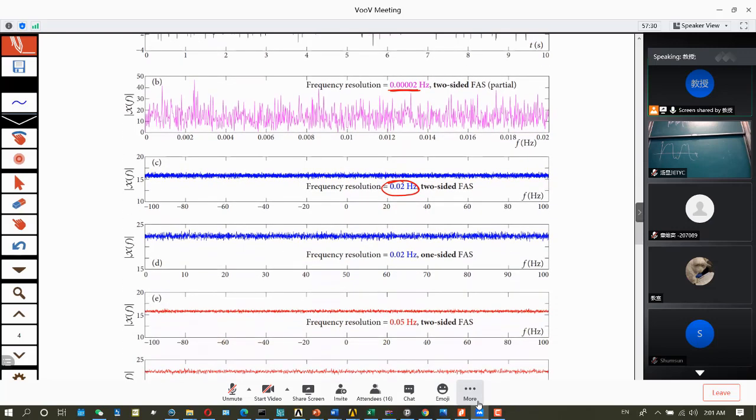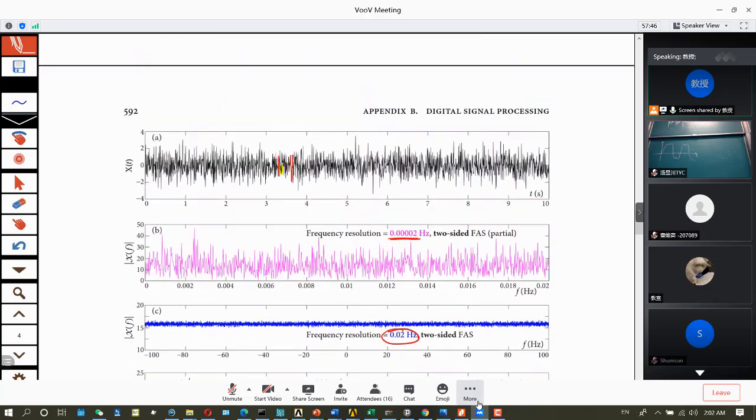Now, if you decrease it further, then the Fourier amplitude spectrum is almost a straight line, okay? So that's how you visualize a wideband process using the Gaussian white noise process as a limiting case.